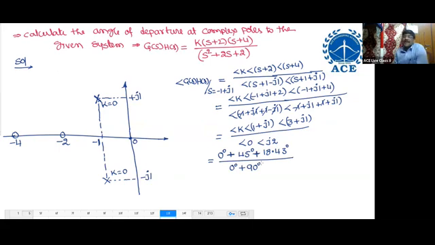Tan inverse of imaginary part 2 divided by real part 0, 2 by 0 infinity, tan inverse infinity is 90 degrees. Now solve this. 45 degrees plus 18.43 degrees minus 90 degrees. So what is the answer? Minus, I think, 26.57 degrees. Is it correct?